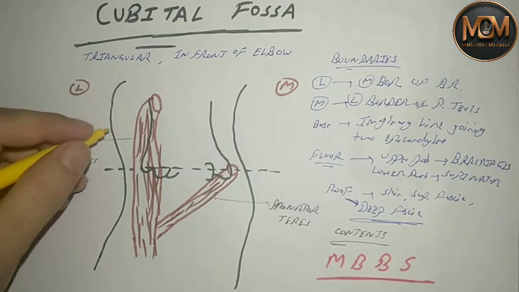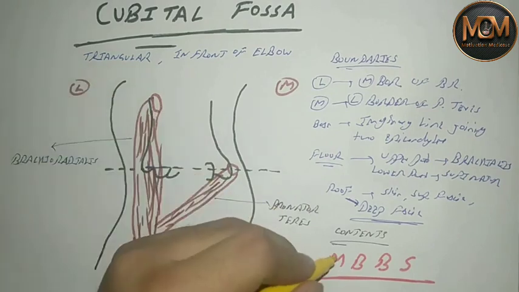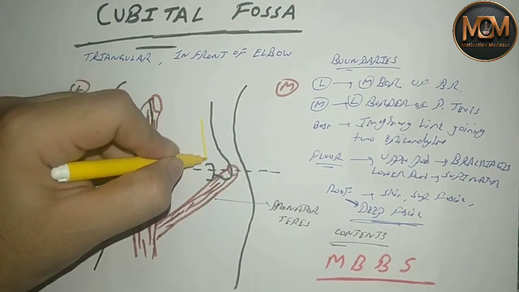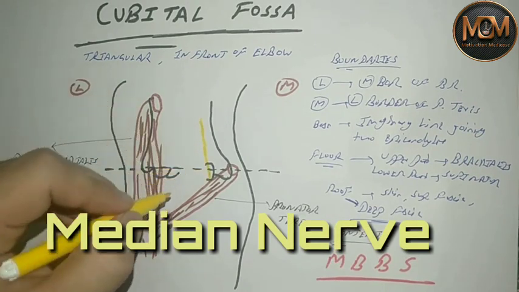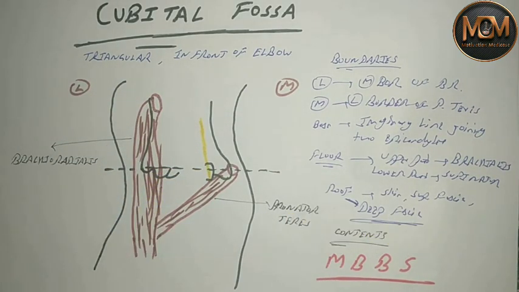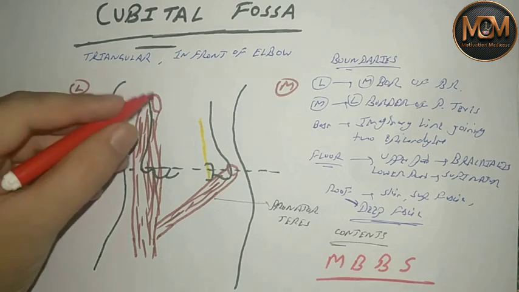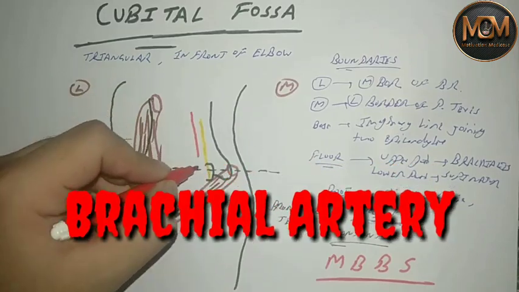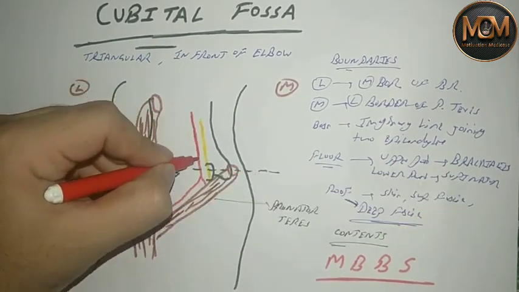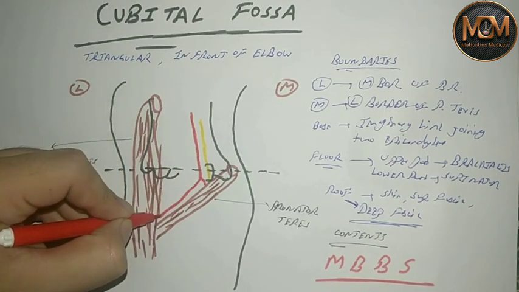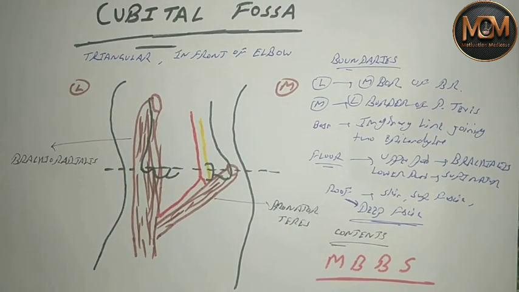The first structure, from M, is the median nerve. After this, from B, there is an artery present, that is the brachial artery. Now from another B, it is the tendon of biceps.